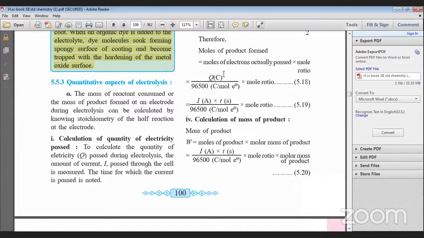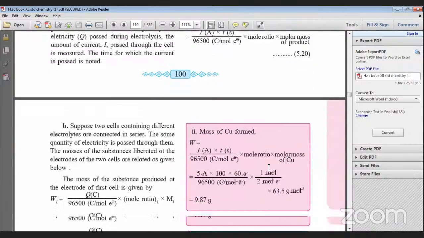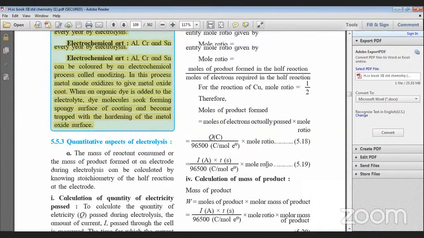So you have to understand that the formula for Q is I into T. When you multiply I and T, you get Q. So ultimately it is I into T divided by 96,500, into the mole ratio, into the molar mass of the product. This way we will calculate, and these are all important.